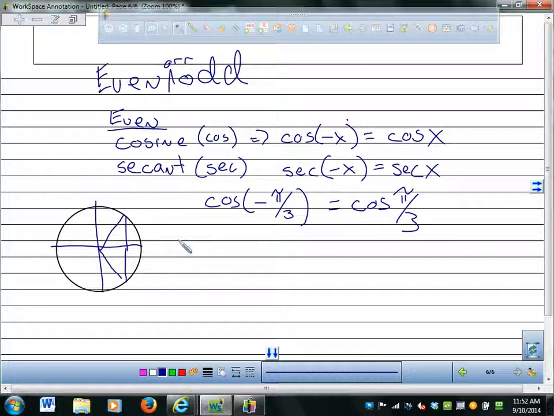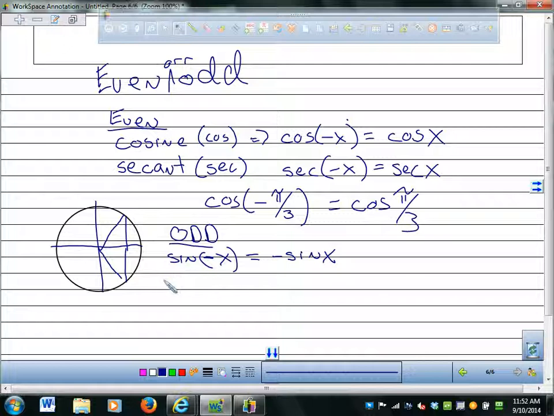Okay. Odd are the other trig functions. So odd, we have sine, S-I-N-E, but we abbreviate it sin. So sin of negative x is equal to negative sin of x. Okay?